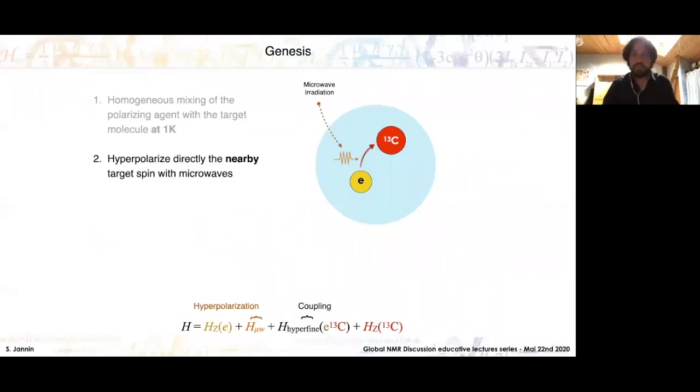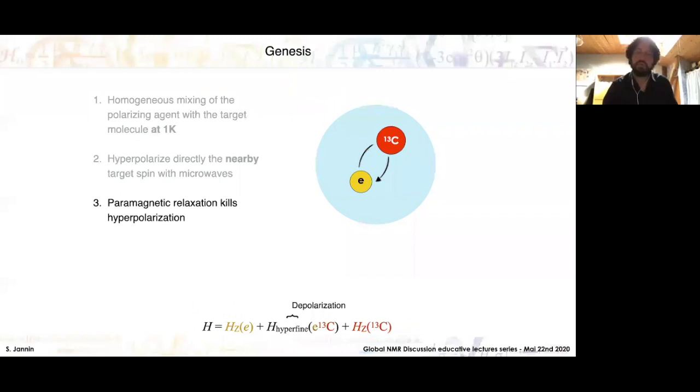Okay, so you do DNP at low temperature and moderate field. You polarize your nuclear spins, and then if you switch off the microwave, of course, because you have all these electron spins, you start to have some paramagnetic relaxation that kills your hyperpolarization. In dissolution DNP, what we want to do is to measure the sample in the liquid state. So we want to turn this low temperature frozen sample into a liquid state sample.